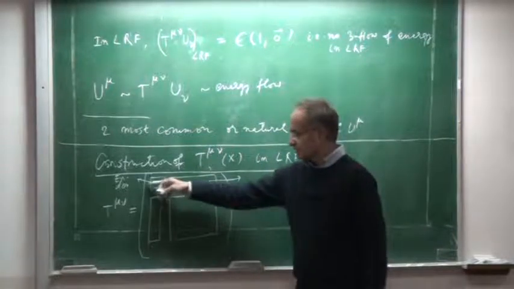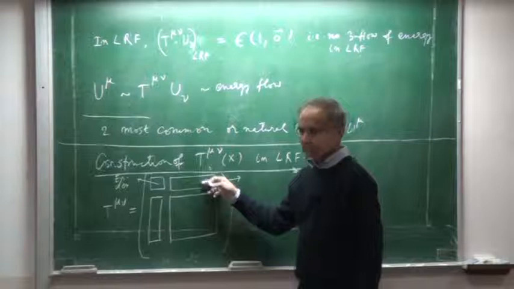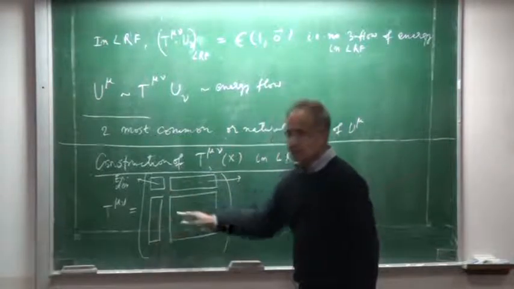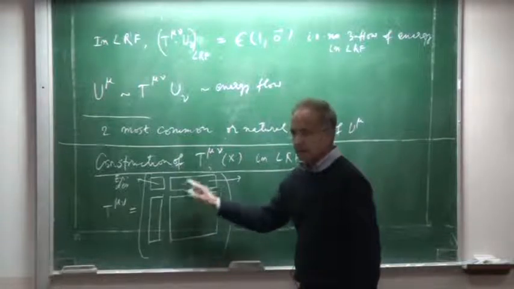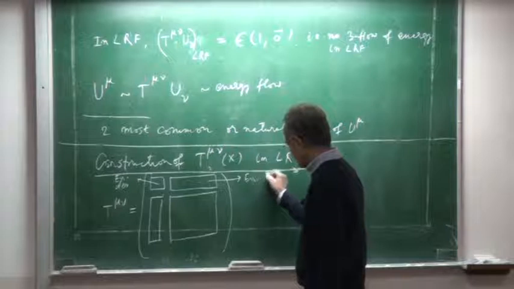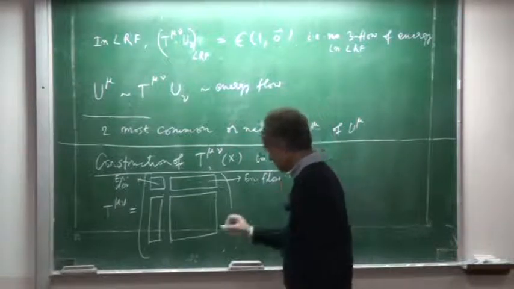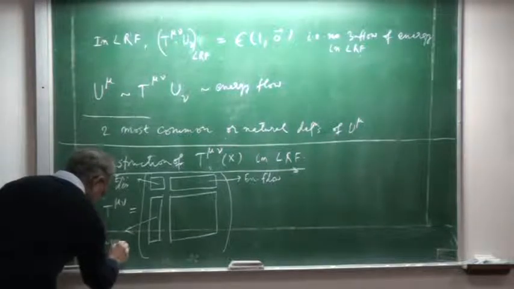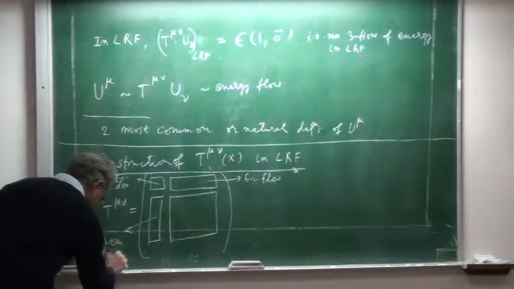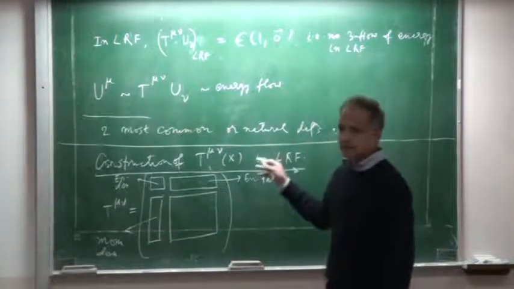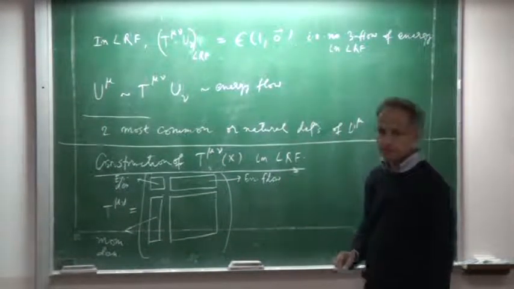Energy flow, and here this is momentum density and momentum flow. But of course they have symmetry. So this is energy density or energy flow. This was momentum density. But because this is symmetric, momentum density is same as energy flow.